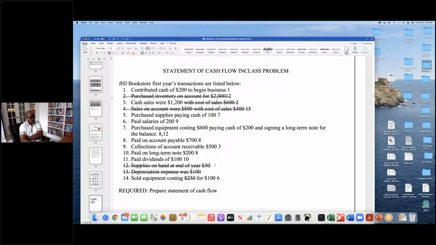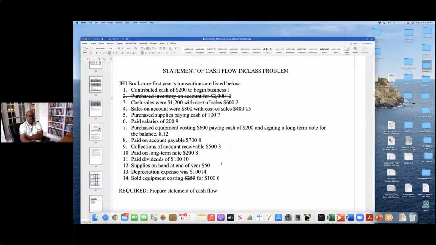13 is number 14, right? Yeah, what does 14 say? Recording of depreciation. So this is 14. But that's not in that first grouping, and supplies on hand at the end of the year.